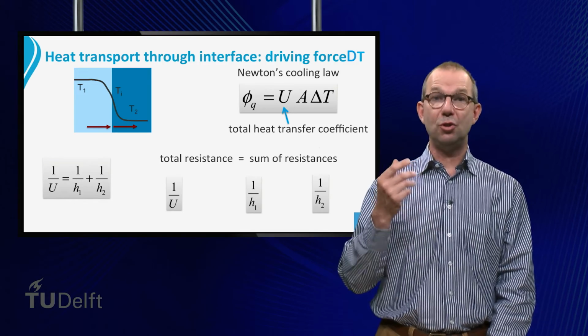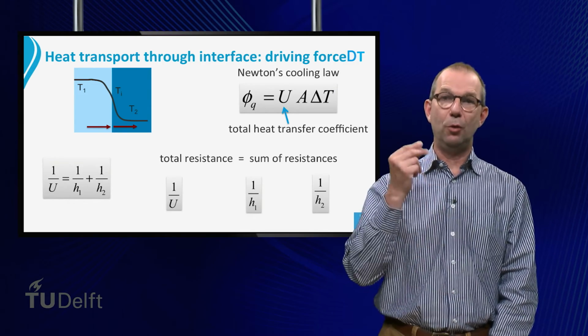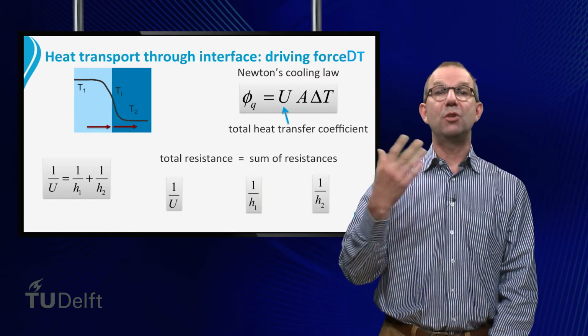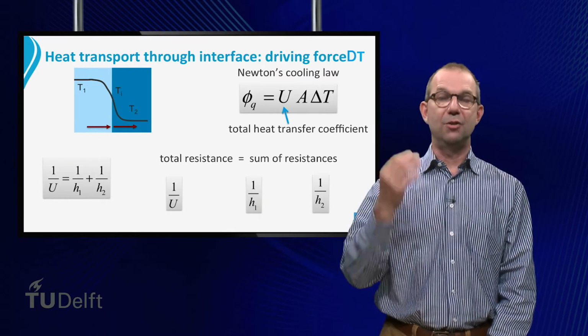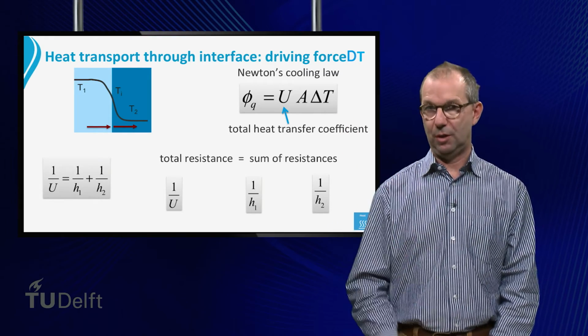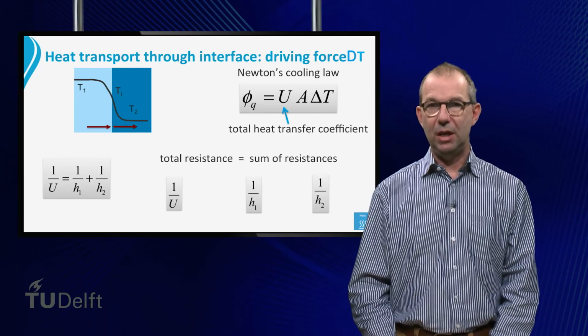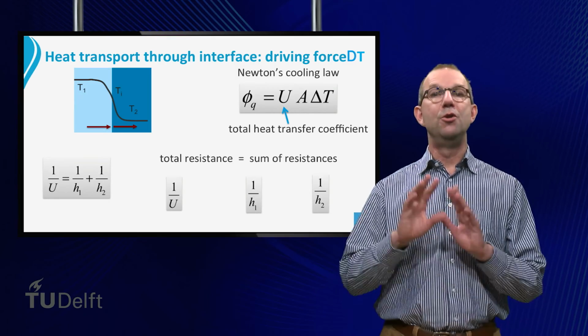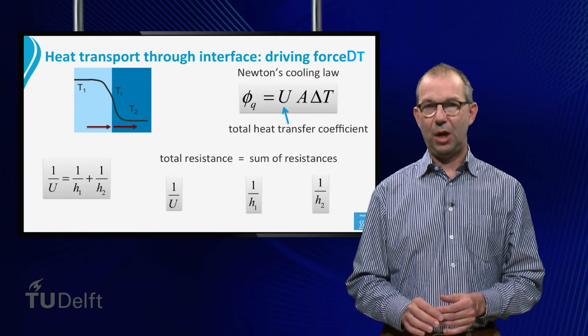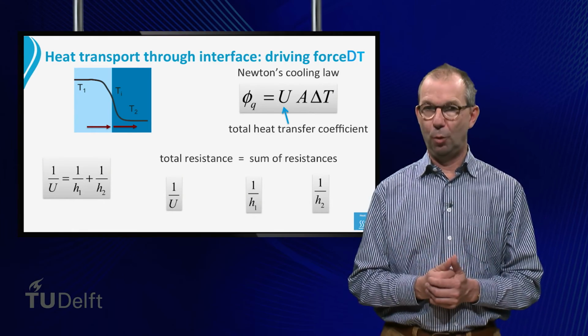Again, we found that the total resistance is the sum of the two resistances on either side of the interface. The result we have derived here is much more general. It holds for all kinds of heat transfer problems, with heat going through an interface, no matter what geometry and no matter whether it's conduction, convection or a mixed form of heat transfer.